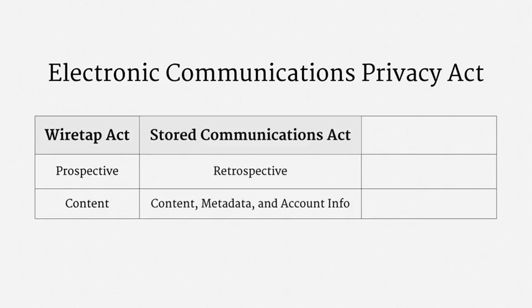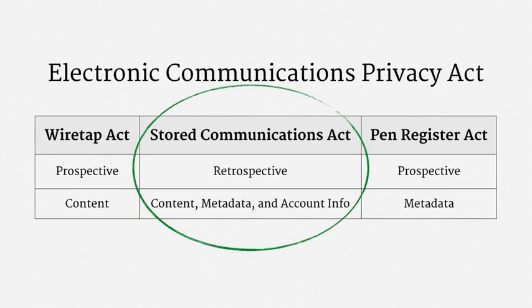It addresses retrospective collection of content and metadata and account information. The last part of ECPA is the Pen Register Act. It deals with prospective collection of communications metadata. Since we're dealing with account information and retrospective call metadata, we're dealing with the Stored Communications Act.